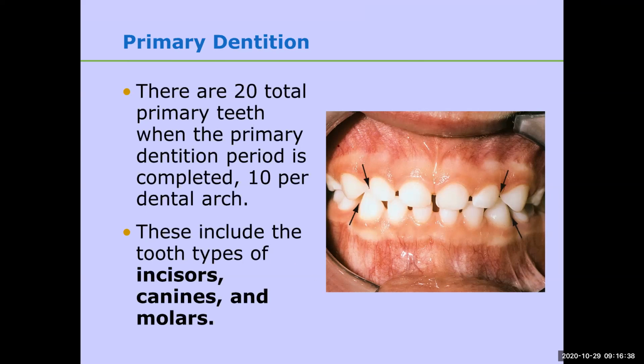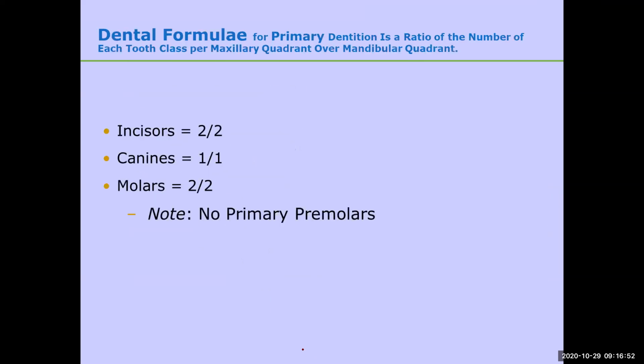And this is something that's showing you nice spaces in between these teeth here. And this is what you want to see when you're looking at little Johnny or little Susie coming in. You want to see nice spaces between the teeth. So you've got a total of 20 teeth.